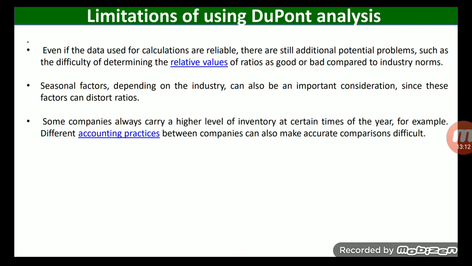So the nature and business environment of two firms may be different, and indicators such as balance sheets and income statements may be different for two companies, and this can get into the DuPont analysis, making accurate comparison difficult.